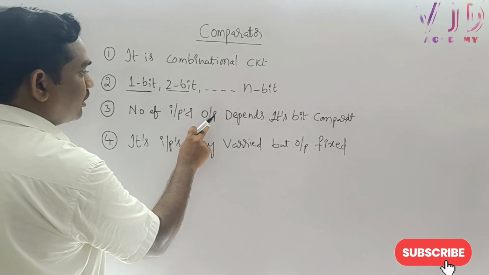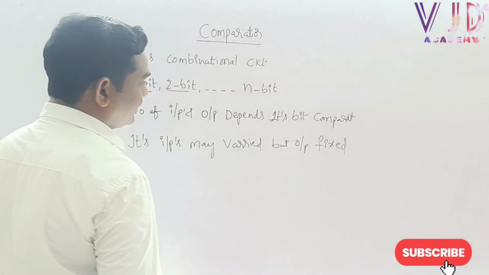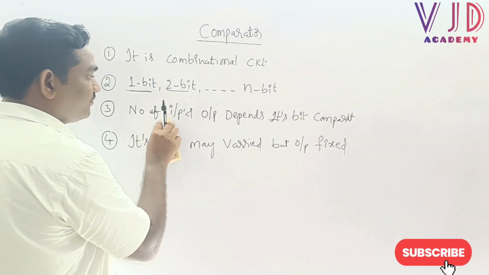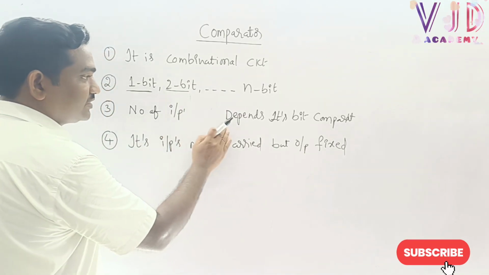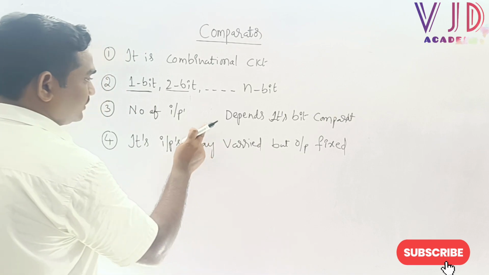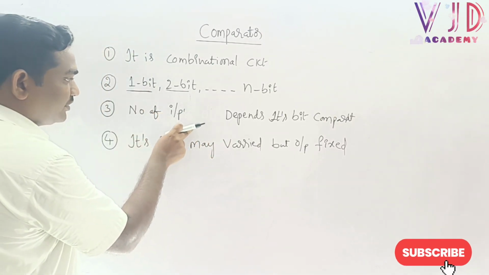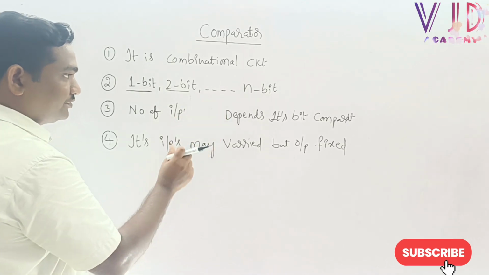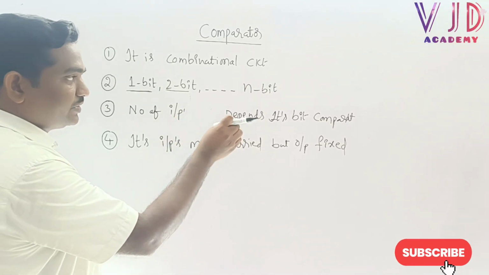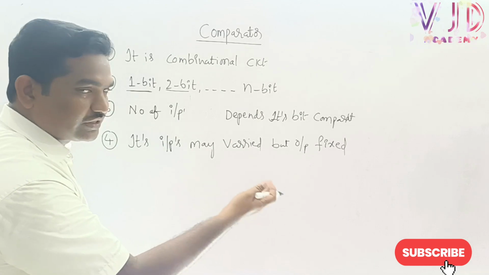The number of inputs and outputs depends on the bit comparator. Please note down the number of inputs only, not outputs. The number of inputs depends on whether we are using a 1 bit comparator, a 2 bit comparator, or an n bit comparator.